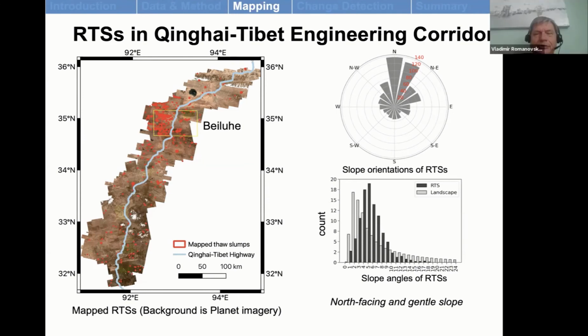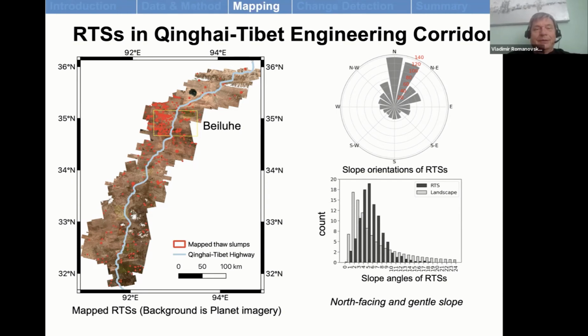Mark, can I just maybe try to add to this answer and to the question? Please do. Actually, the first time I saw these slumps in the Banks Island in the Canadian Arctic, I was very surprised that pretty much what I saw, they're all on the north-facing slopes, and that was kind of a puzzle to me.